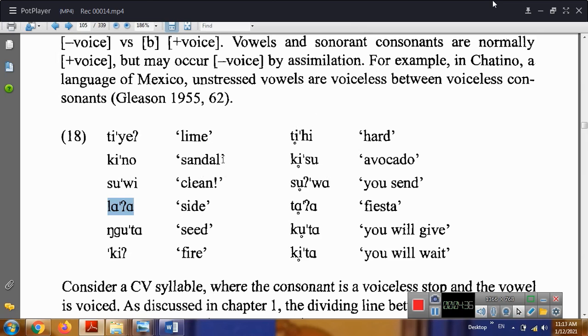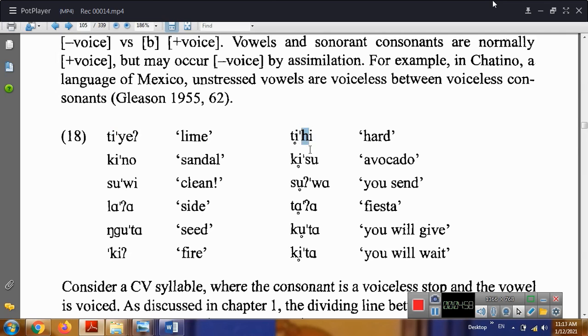But here in this language, the vowel can be voiceless when it is between two voiceless sounds. Here we have tire, because it is followed by yeah, which is a semi-vowel and is voiced, we have the voiced form of the e.